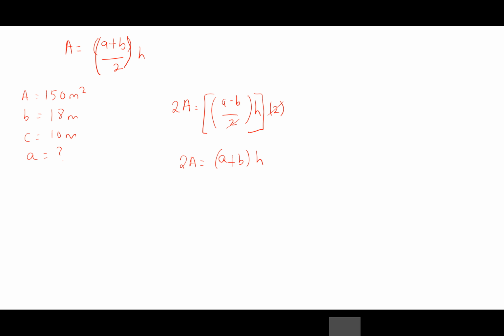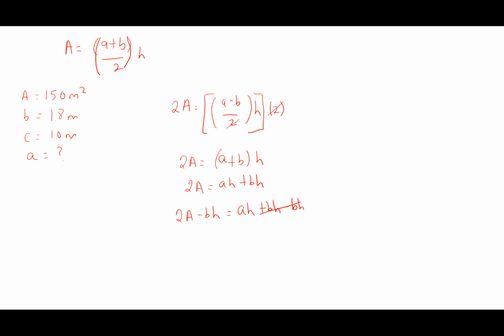So let's multiply the h throughout the parentheses. So that's going to be ah plus bh. Okay. So now we want to subtract bh from both sides. So we get 2A minus bh equals ah plus bh minus bh.